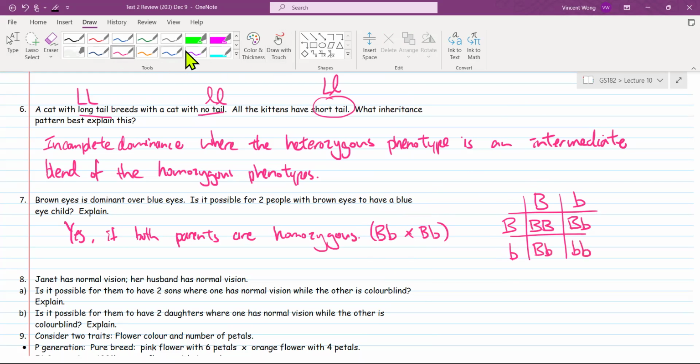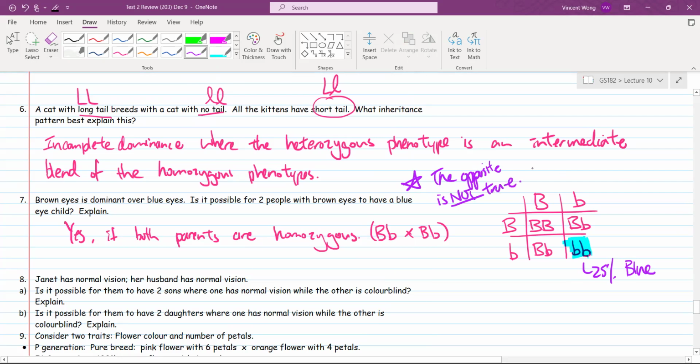So in this case, there is actually a 25% chance for blue eyes. Now, I will put a star here. The opposite is not true.